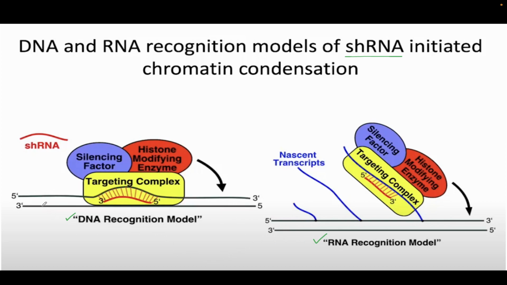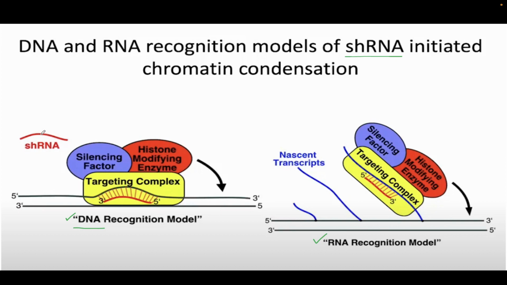So when we are talking about the DNA recognition model, that means it is recognizing a DNA, it must be complementary to the target complex. As you can see here, this is your target complex, that is yellow in color. This is your small heterochromatic RNA, and it is complementary to certain base pairs, that is 20 to 22 nucleotides of this target complex.